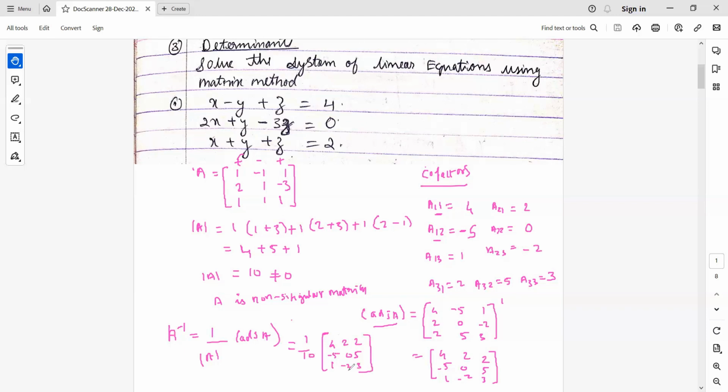And then the third step, that is the final step, we have to find the value of x.